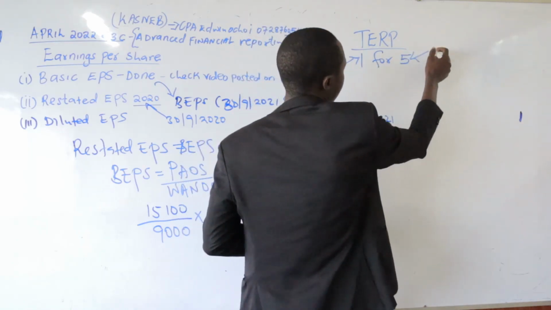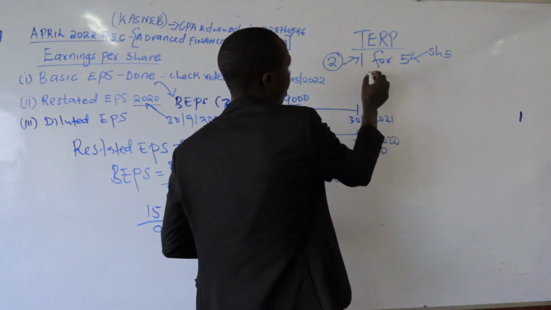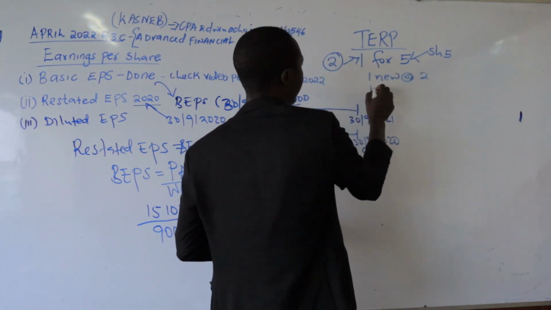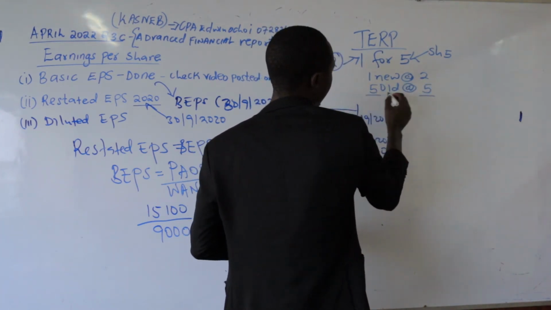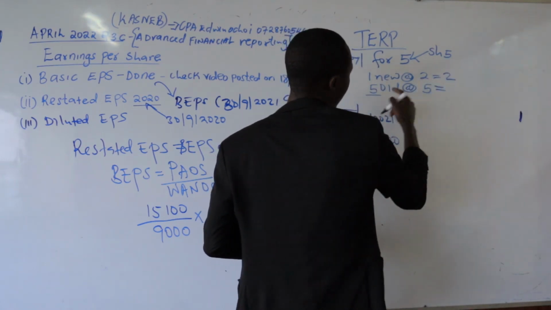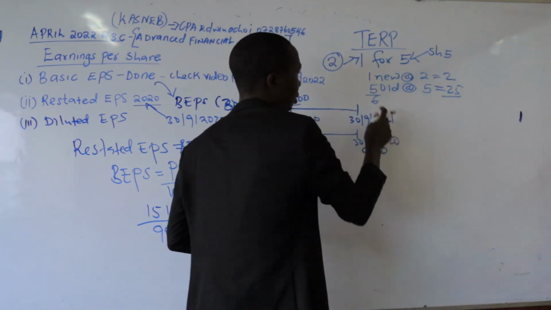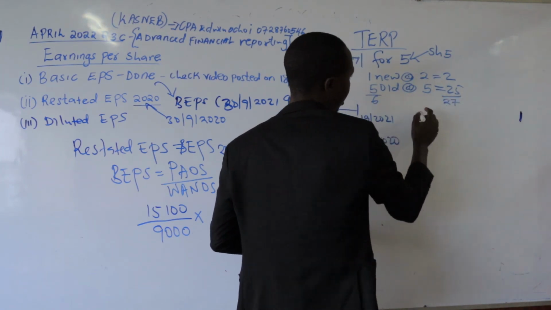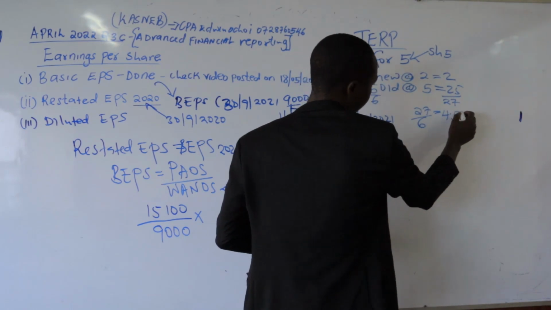The old shares in the market had a fair value of 5. So you take 1 new at shillings 2 and 5 old at shillings 5. 1 times 2 is 2, 5 times 5 is 25. You add these: 1 plus 5 is 6, and 2 plus 25 is 27. So you take 27 divided by 6, and you get 4.5.